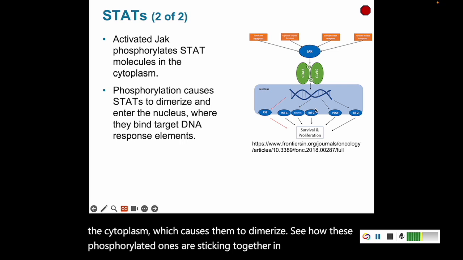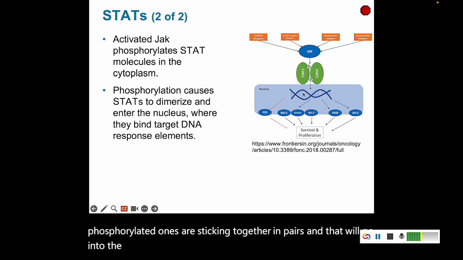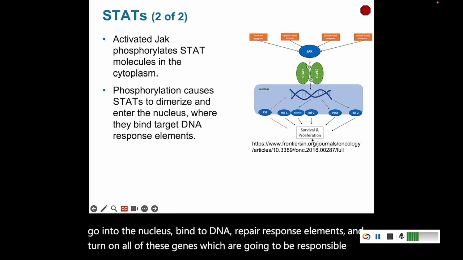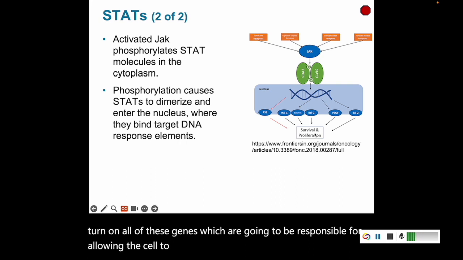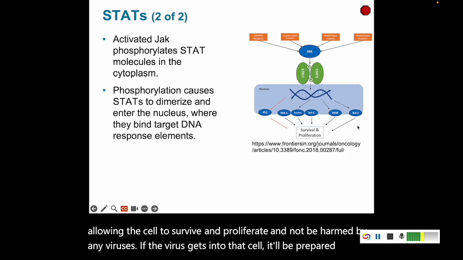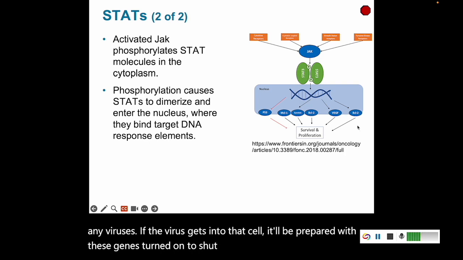And that'll go into the nucleus, bind to DNA response elements, and turn on all of these genes, which are going to be responsible for allowing the cell to survive and proliferate and not be harmed by any viruses. If the virus gets into that cell, it'll be prepared with these genes turned on to shut down that viral proliferation.